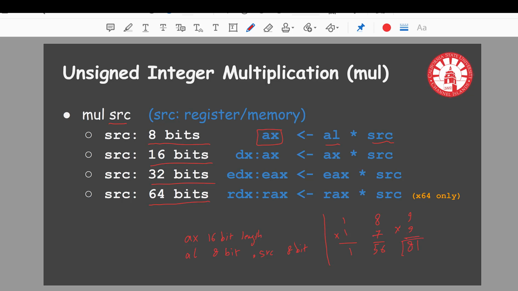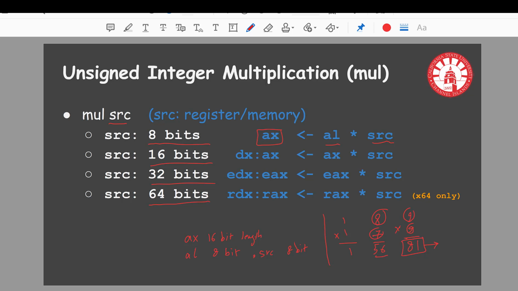So it means that in worst case scenario, when you multiply two numbers, the length of the result could be twice that of each of those arguments. So in here, for example, 9 by 9 is each 1 digit, but the result is 2 digits. And 8 by 7, 8 and 7 are 1 digit, and the result is 2 digits.